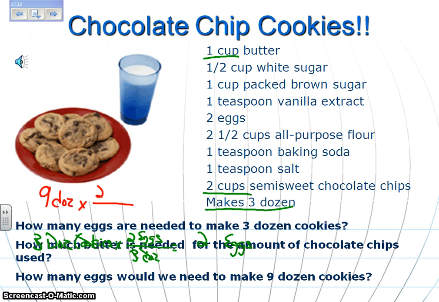We know that 2 eggs per 3 dozen, and we'd multiply 9 times 2, which would give us 18, divided by 3, which would give us 6 eggs. All we're doing is creating unit multipliers based upon our recipe that is listed.